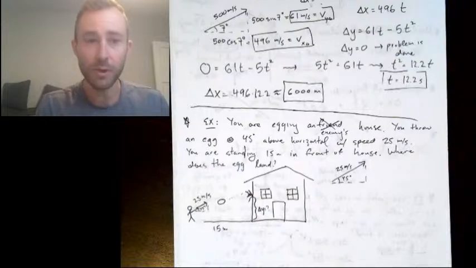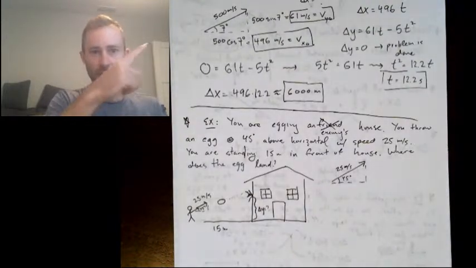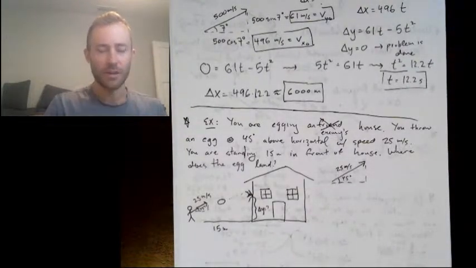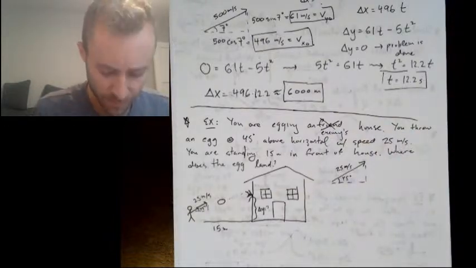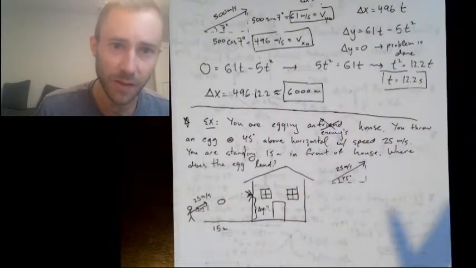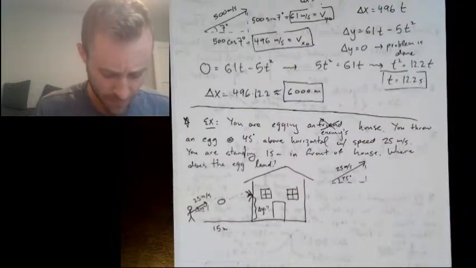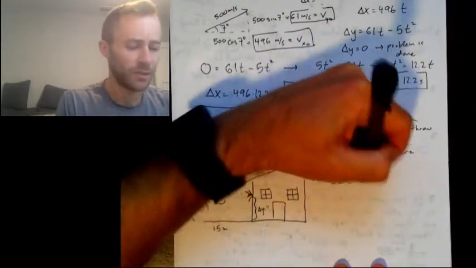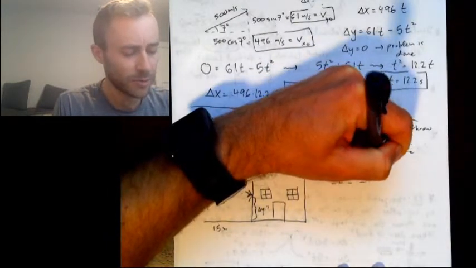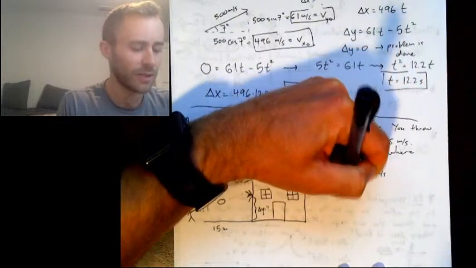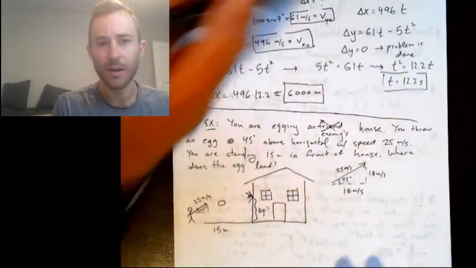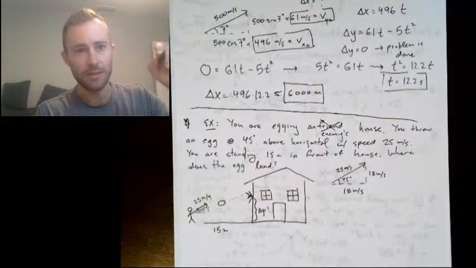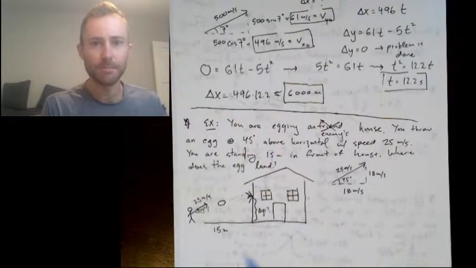Now, one of the things about 45 degrees is it's diagonal. It's like 100% diagonal. So you actually have an even split between vertical and horizontal. Sine of 45 is equal to cosine of 45. So this is 18 meters per second, and this is 18 meters per second. Again, 45-degree launch is an even split between vertical and horizontal.